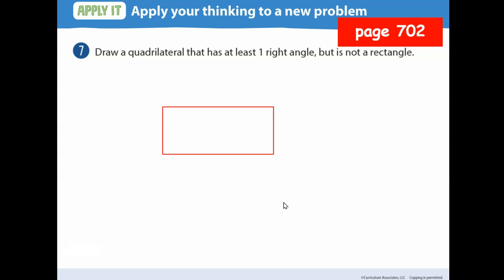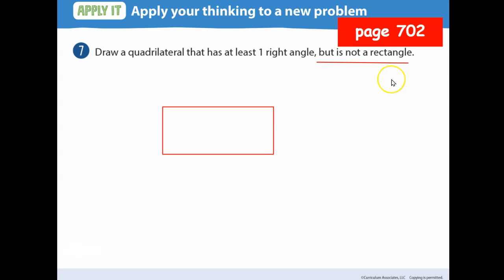All right, give you 30 seconds. Your shape should not look like mine. Because the thing says what? It should not be a rectangle. The direction says, but it is not a rectangle.